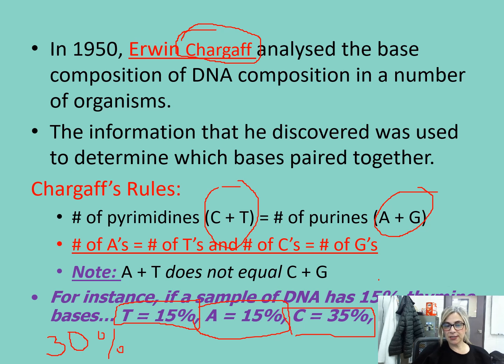So 30% was thymine and adenine, and then 35% for each of cytosine and guanine, because that gives us our total of 100%. We'll do some practice with that in terms of worksheets, etc. So that will become something that's quite easy for you, but it is a required piece.